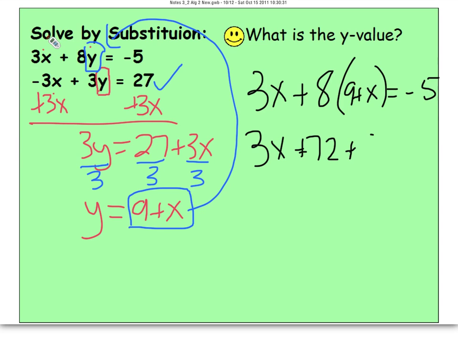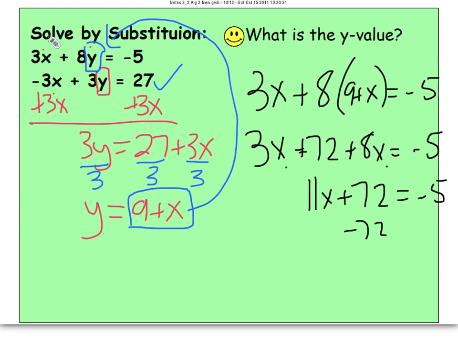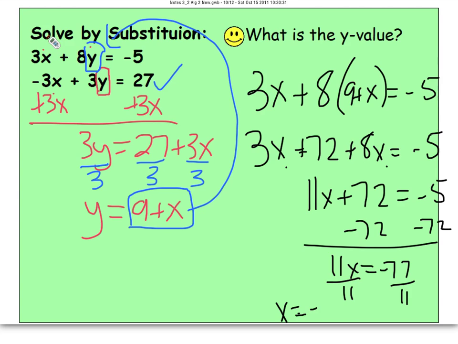And then the 8 to the x would be 8x. I'm going to combine the 3x and 8x, which is 11x. I'm then going to subtract 72 from both sides and get 11x equals negative 77. Divide by 11. x here is going to be equal to negative 7.